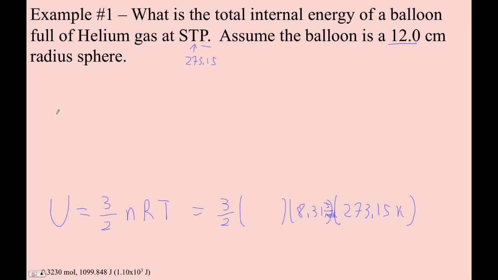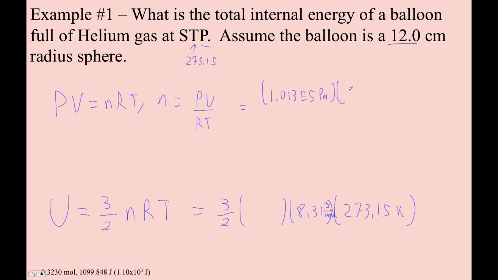So let's use the ideal gas law. PV = nRT, therefore n is PV over RT. Standard pressure is 1 atmosphere, so 1.013 E5 pascals.